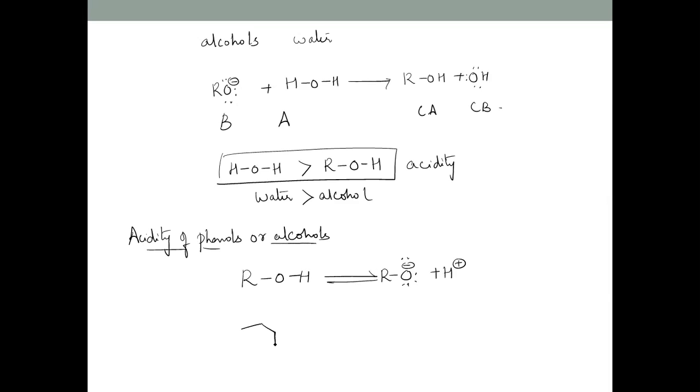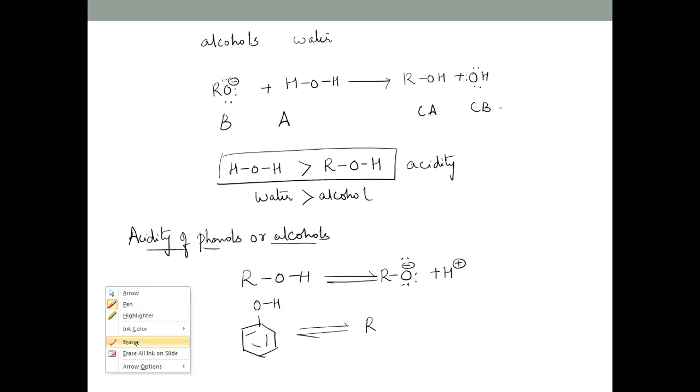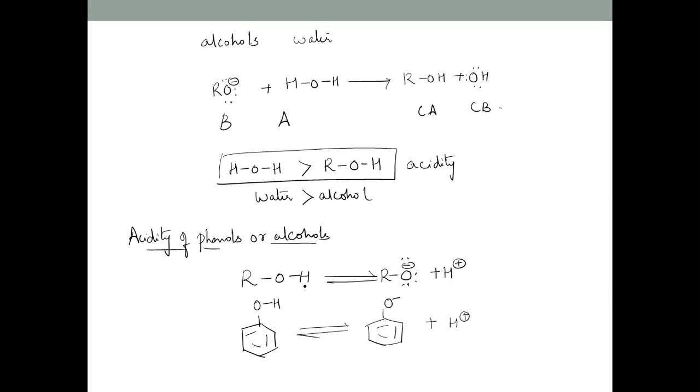And this is the phenols reaction. Here, the alcohol is ionizing to give an alkoxide ion and H plus. Here, phenoxide ion and H plus. Which is more acidic, alcohols or phenols, depends upon two factors.